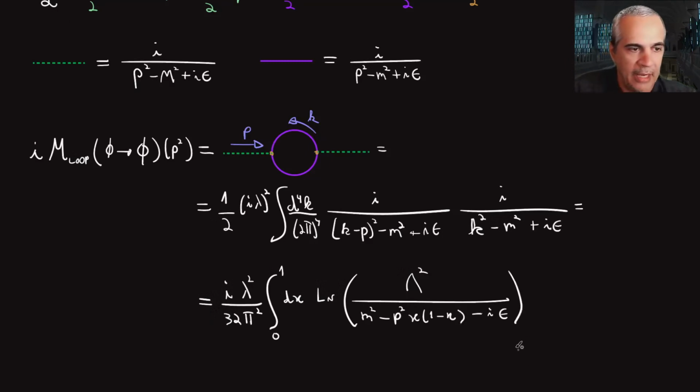This is the result for this integral, as far as we still have to do the Feynman parameter integral, but that's exactly what we want to avoid by only looking at the imaginary part.